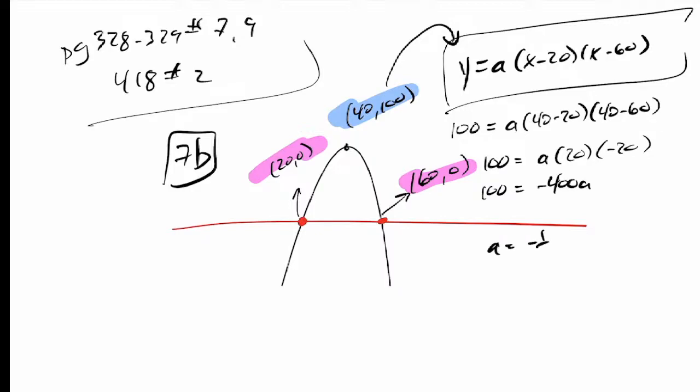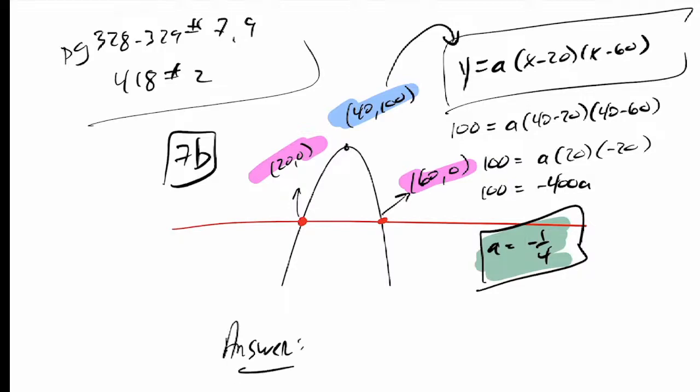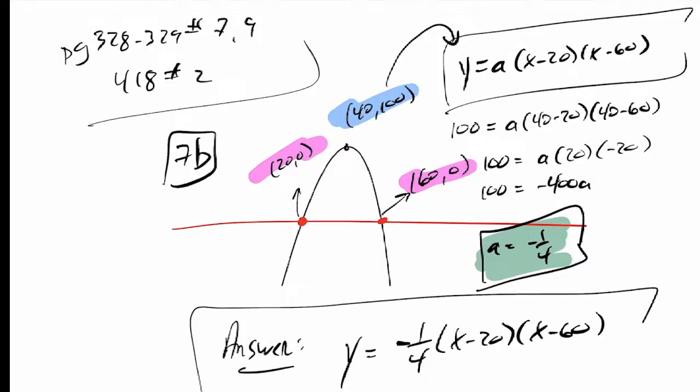And solving for a, I get a is negative 1/4. Mohammed, are you following this one? So the answer for 7b, just like the one I had done, is minus 1/4. If I interpreted the boxes correctly that they've drawn, that's my answer for this one.